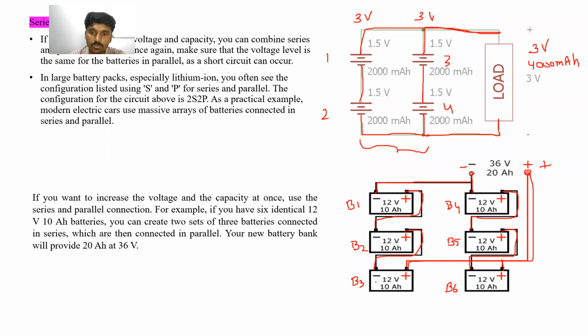12 volts, 12 volts, 12 volts. These three are connected in series, so how much will it be? 36 volts. This is also 36 volts. And these two are connected in parallel. So what final output voltage will we get? 36. The current ratings are 10 ampere hours, 10 ampere hours, 10 ampere hours.